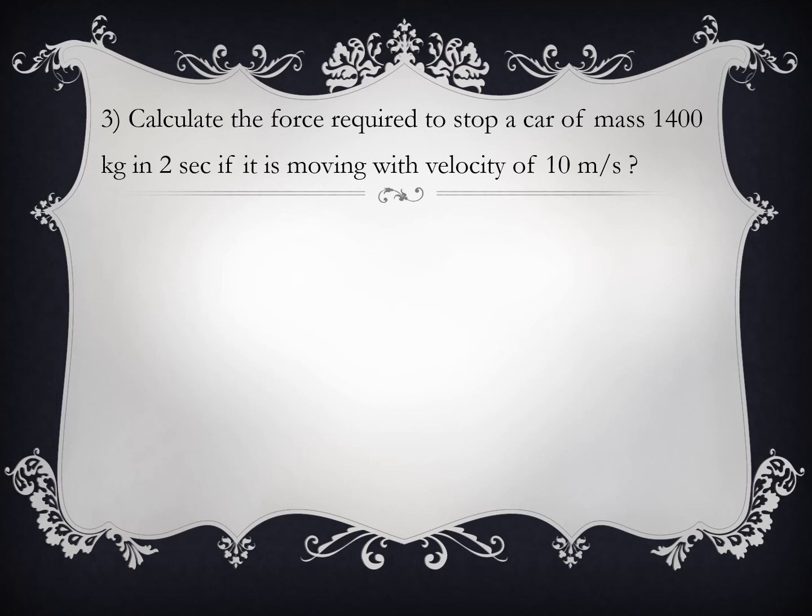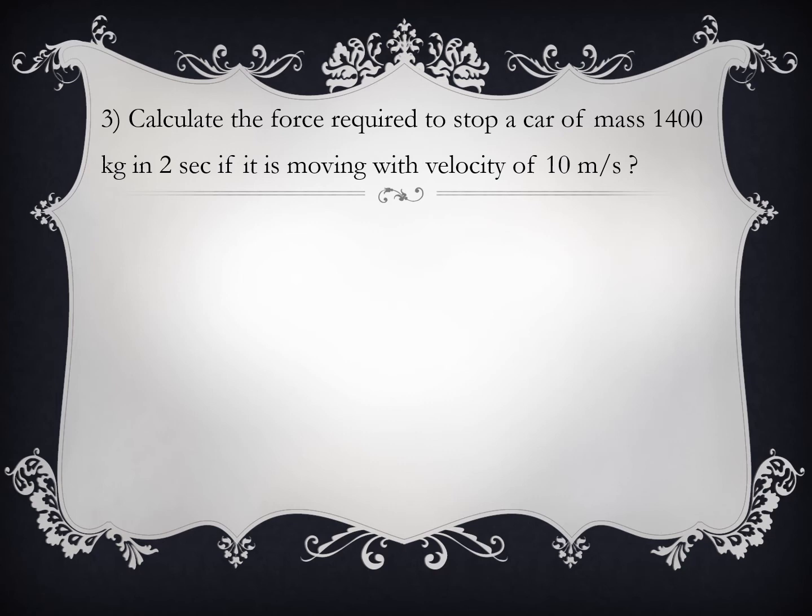We have to calculate the force F, and to stop a car means that the final velocity Vf of the car is 0. The mass m is 1400 kg and time is 2 seconds, and its initial velocity is 10 meter per second.